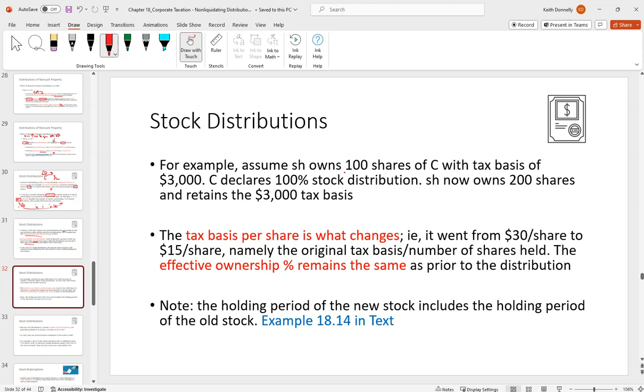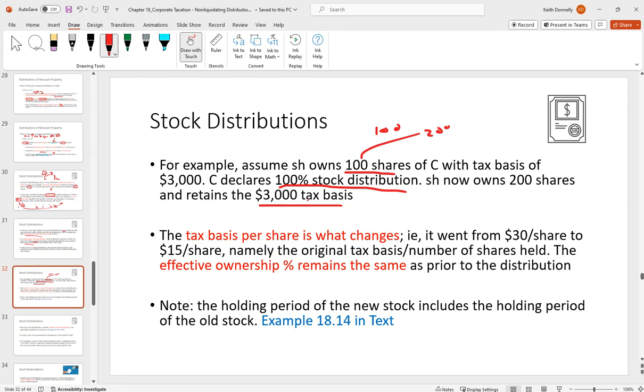Simple example: a shareholder owns 100 shares of stock with a tax basis of $3,000. The corporation declares a 100% stock distribution. So you go from 100, you get 100 more, you own 200, and you retain your $3,000 stock basis, because that's what you paid for the underlying thing that you have.